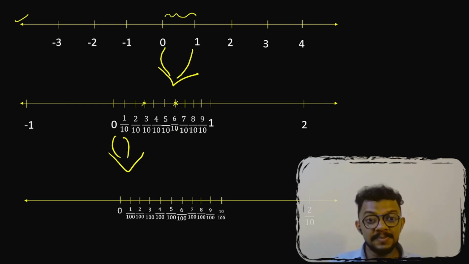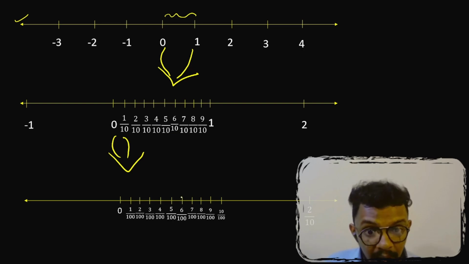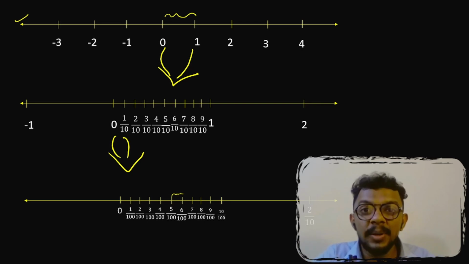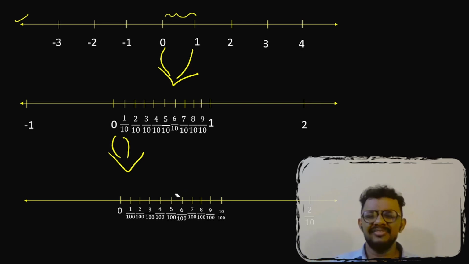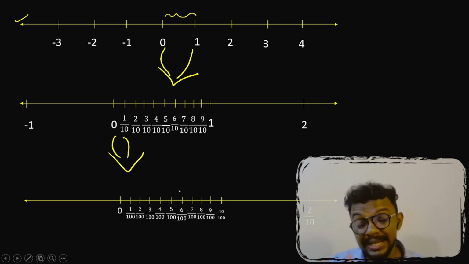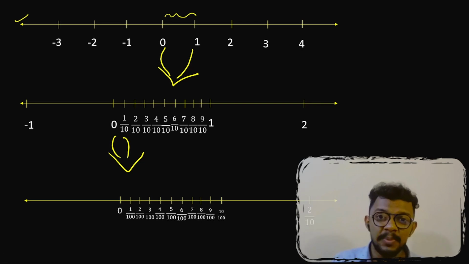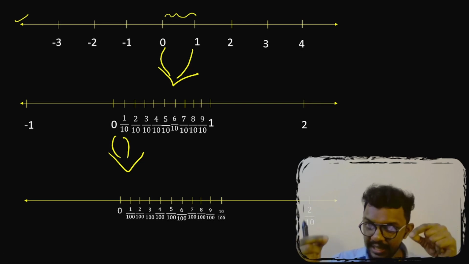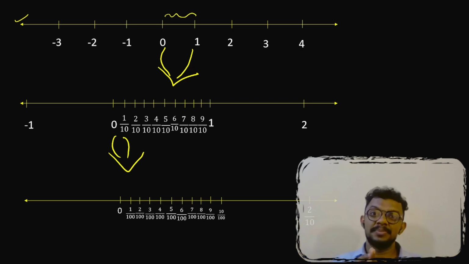Between 3 by 10 and 6 by 10, I can find 4 by 10. What about 5 by 100 and 6 by 100? That portion again I can cut into 10 equal parts. We are learning that idea in the next session. It's called the density property: between any two rational numbers, there are other rational numbers.